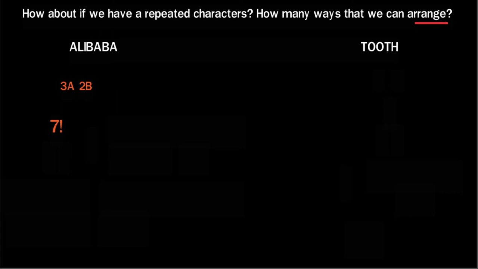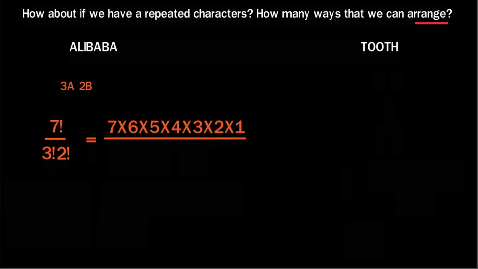So we write down 7 factorial over how many A characters, which is 3. So we write down 3 factorial. And how many B characters we have in the word Alibaba is 2. So we write down 2 factorial. So the answer will be 7 multiplied with 6 multiplied with 5 multiplied with 4 multiplied with 3 multiplied with 2 over 3 factorial, which is 3 multiplied with 2, and 2 factorial is 2 multiplied with 1.